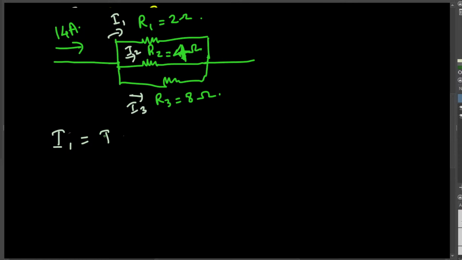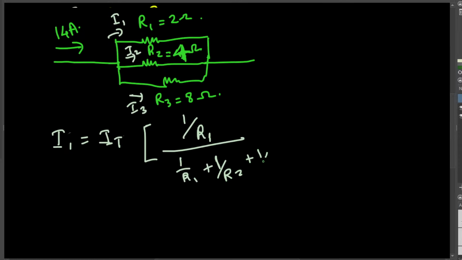I1 is equal to I total current, and then that multiplied by whatever the current we are interested in. So if you want to find the current going through R1, that's the resistance we have to put right here. So I over 1 over R1, and then adding all the resistance: 1 over R1 plus 1 over R2 plus 1 over R3.